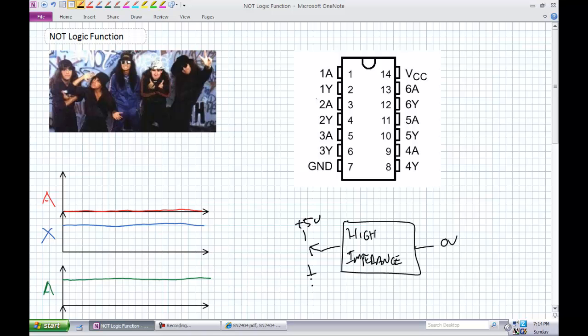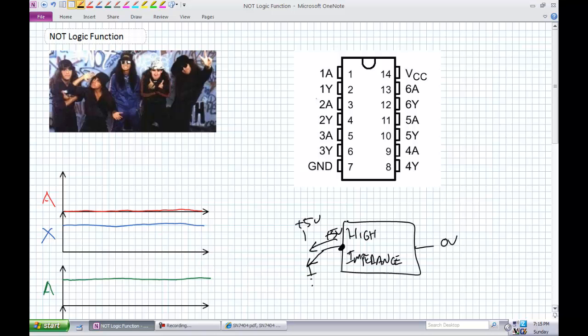So that would be a problem. If on one day I said, hey, that pin is an input, I'm going to switch it to ground, and then accidentally download the wrong code where pin 1 is now an output providing plus 5 volts.